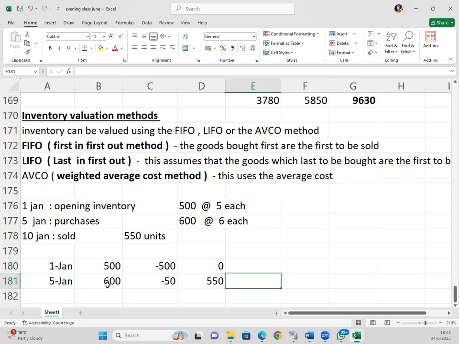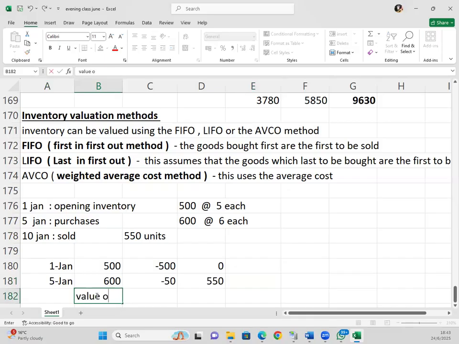So the value of inventory would then be 550 times 6.